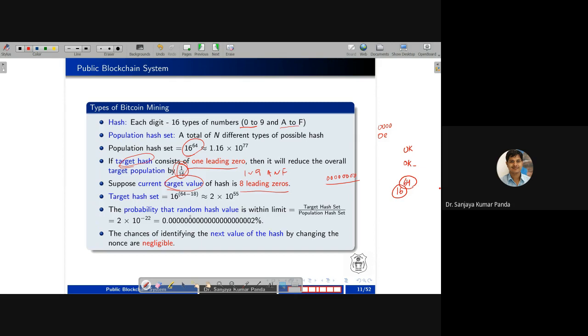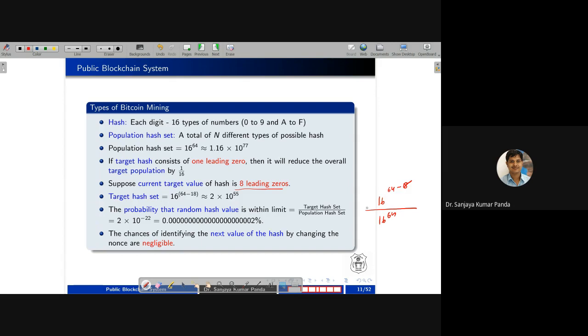So if you find the probability of a random hash value, it is nothing but the target hash set divided by the population hash set, where we know the population hash set is 16 to the power 64, but the target hash set with 8 leading zeros is 16 to the power 64 minus 8.